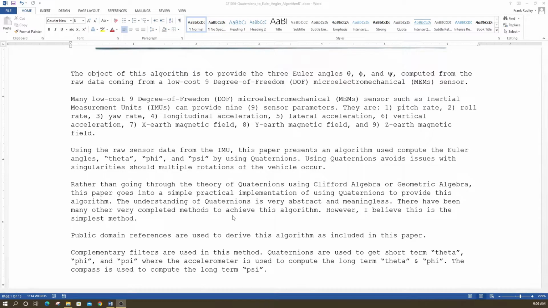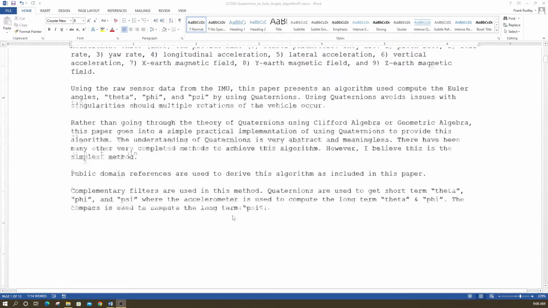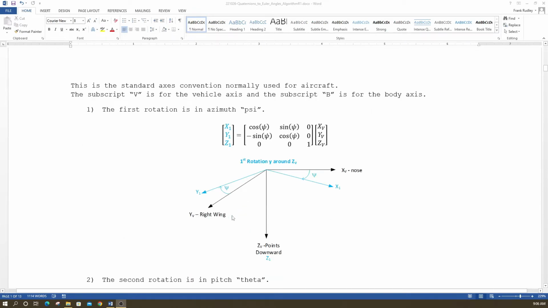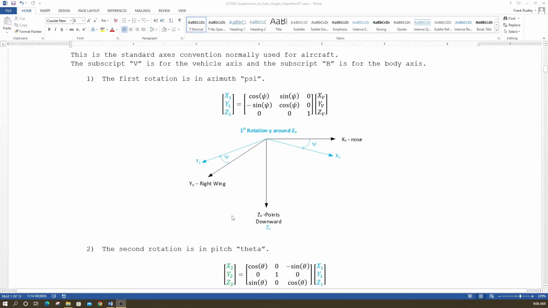So now to go into a little bit of background information, we'll talk a little bit about the sequence of rotations used in aircraft. So we have two axes. One we would call the vehicle axis, and one would be called the body axis. The subscript V is used for the vehicle axis, and the subscript B is used for the body axis.